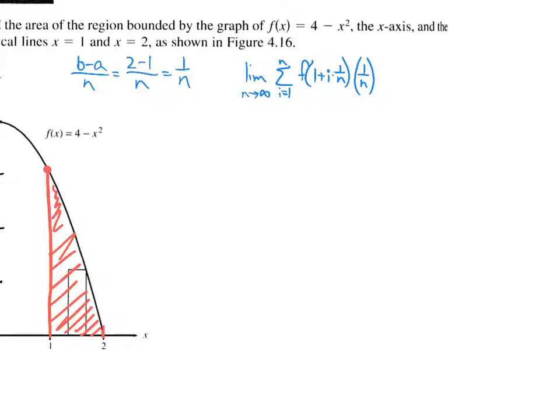For the right ones, you're always using i. Basically, only use the left or the i minus 1s when you're told to, because here we're taking the limit as n approaches infinity, so it technically wouldn't matter, but it's easier this way.